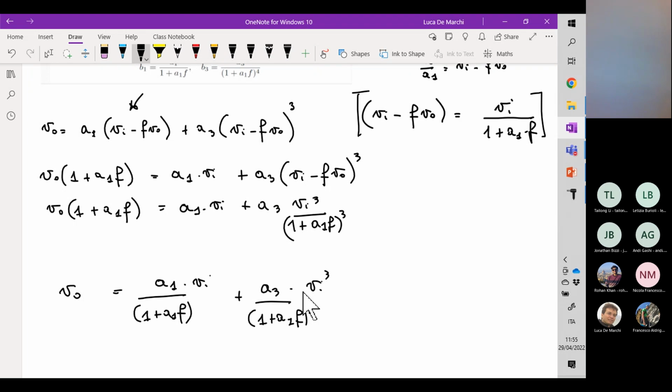So the bottom line is that the signal to noise ratio at the output is Vs times 1 over beta divided by V noise times 1 over beta times A2.